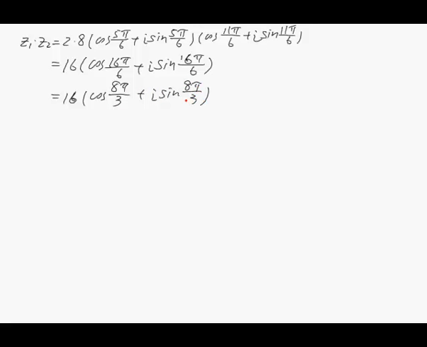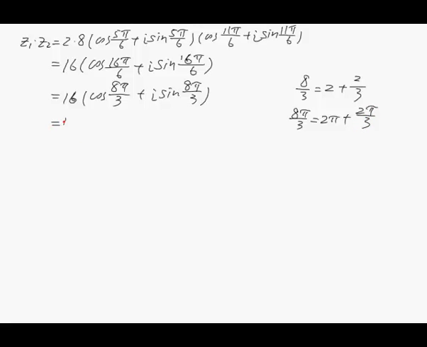And if you divide the 8 by 3, then you get 2 as the quotient and also 2 as the remainder, right? So now you can rewrite this 8 pi over 3 as the 2 pi plus 2 pi over 3.